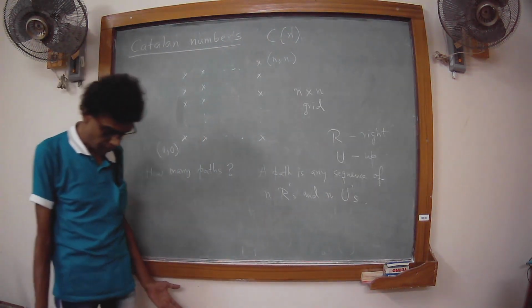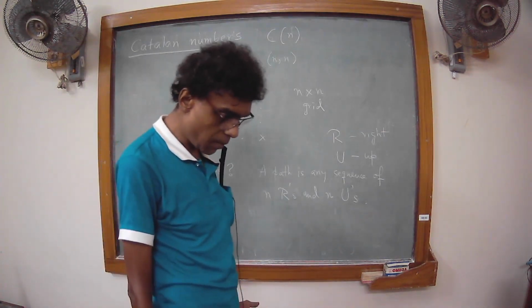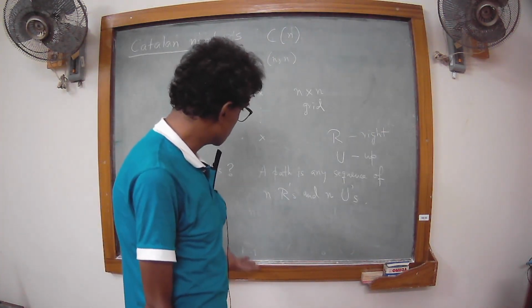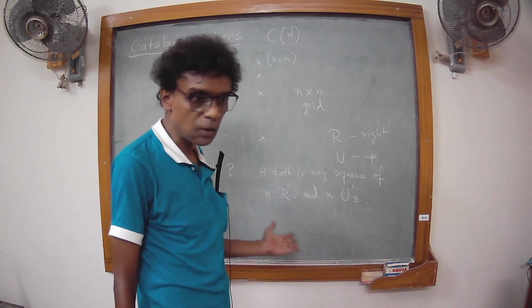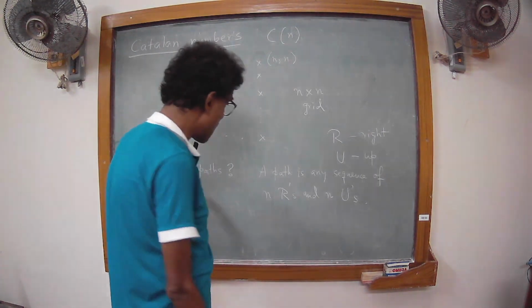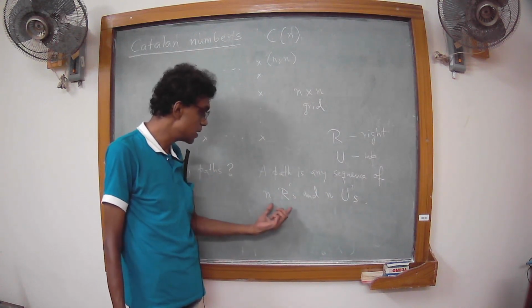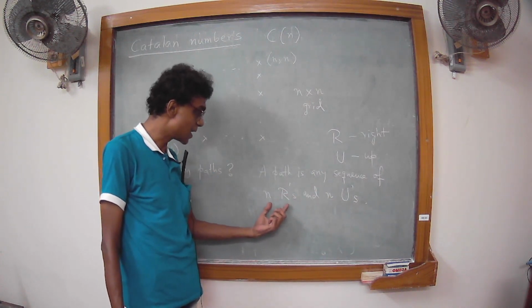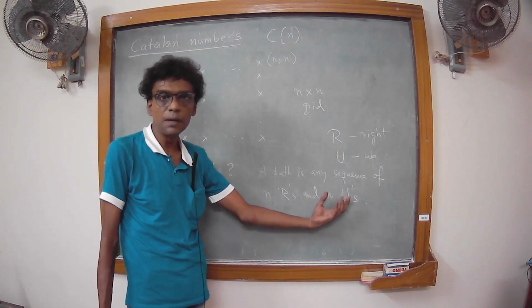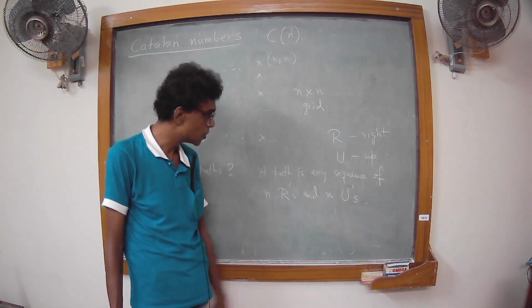So there is a total number of symbols 2n. Okay, the total of 2n R's and U's, out of which you can choose any n of these as R's. The remaining positions will be U's.